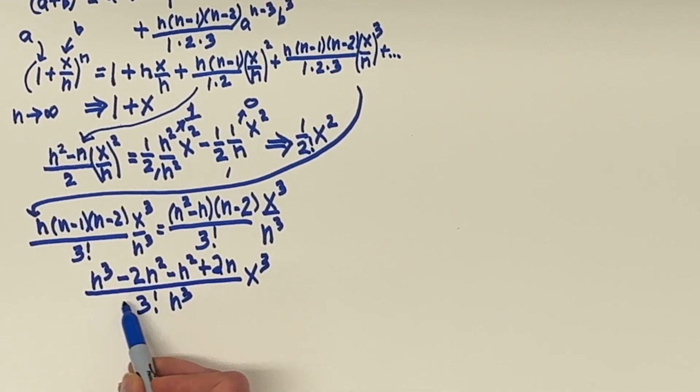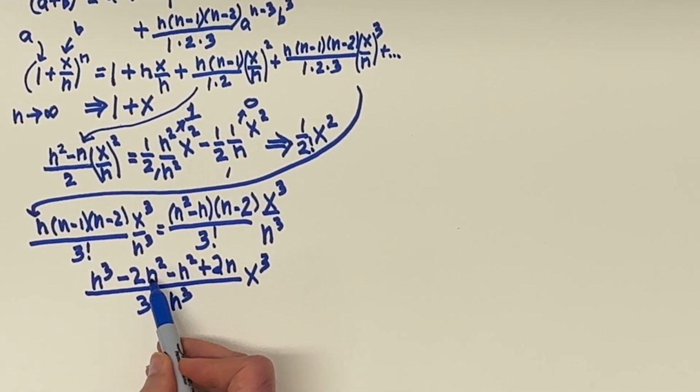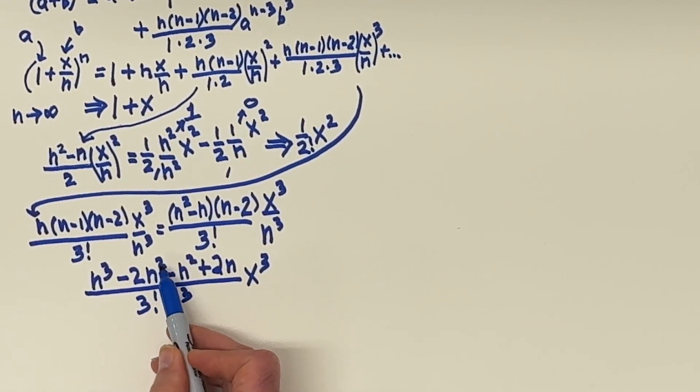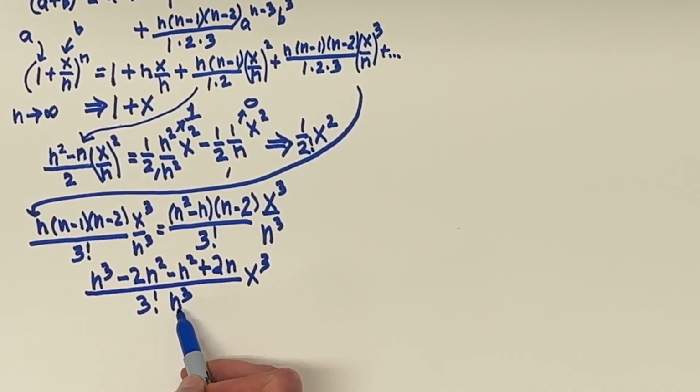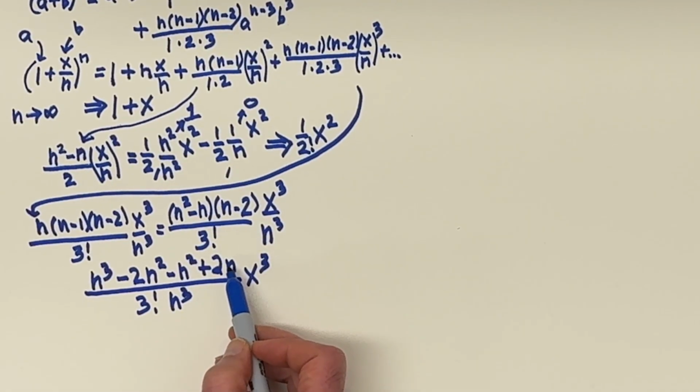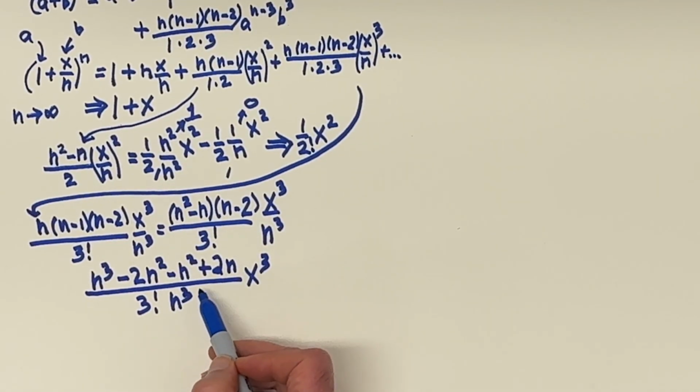Now the n cubed will cancel this n cubed, but look what happens over here. When you take n squared over n cubed, you'll have an n left over in the denominator for that second piece. The third piece will have n squared over n cubed, that'll leave a 1 over n, and this n over n cubed will leave a 1 over n squared.